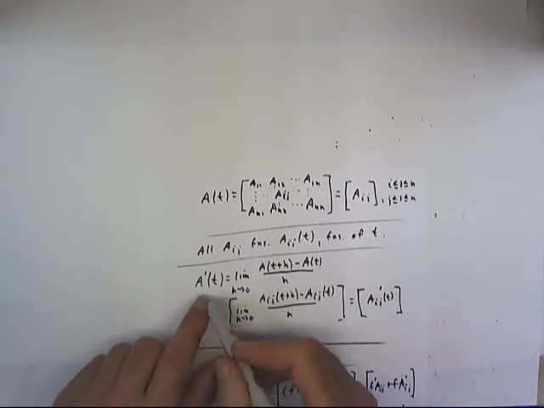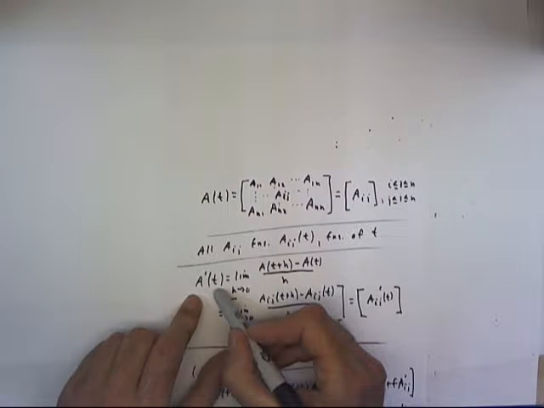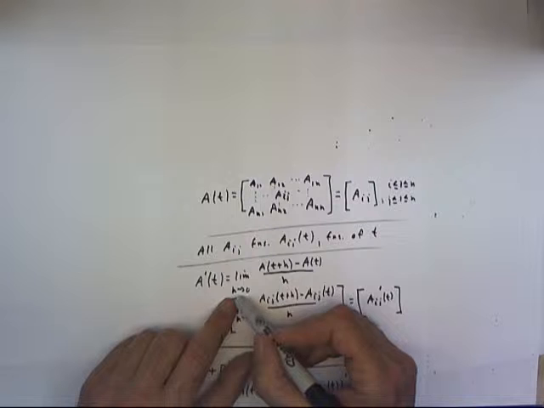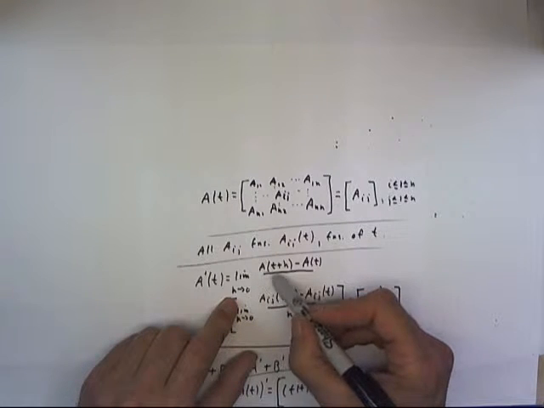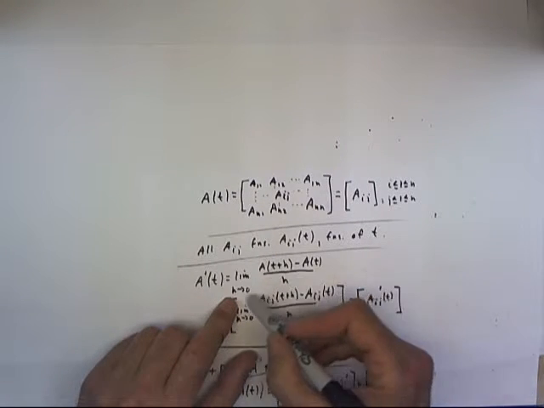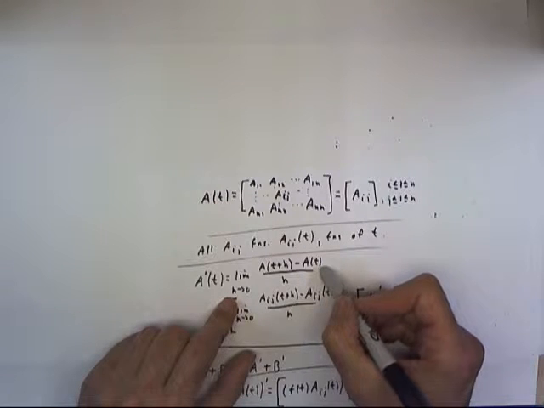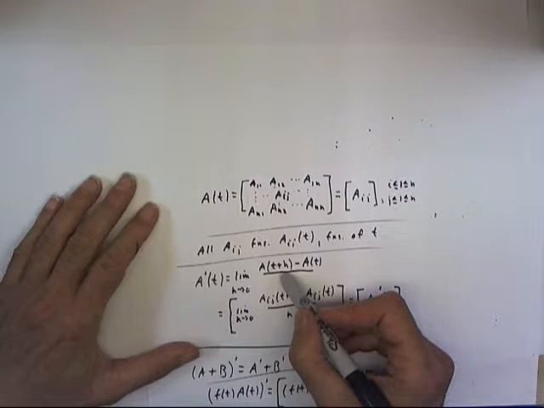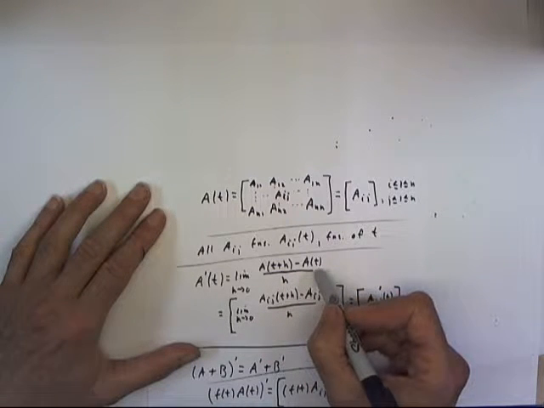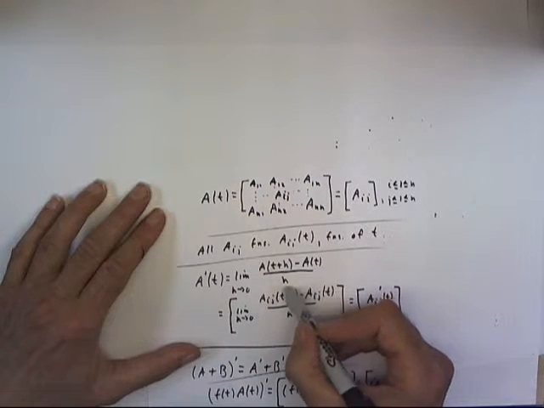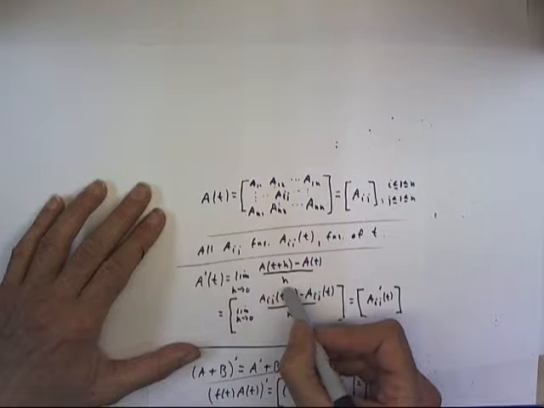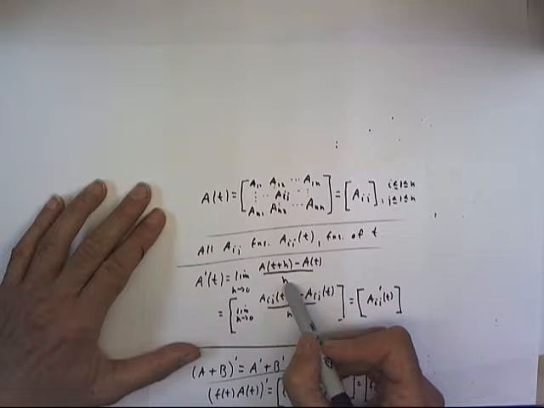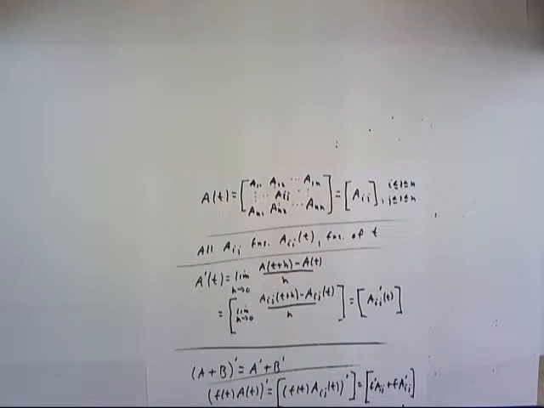Well, the derivative of a matrix function at variable t is the limit as h goes to 0 of that function evaluated at t plus h minus the function evaluated at t, that being the change in the value of the function between t and t plus h, divided by the value of h. So this gives a rate of change of the function with respect to t.